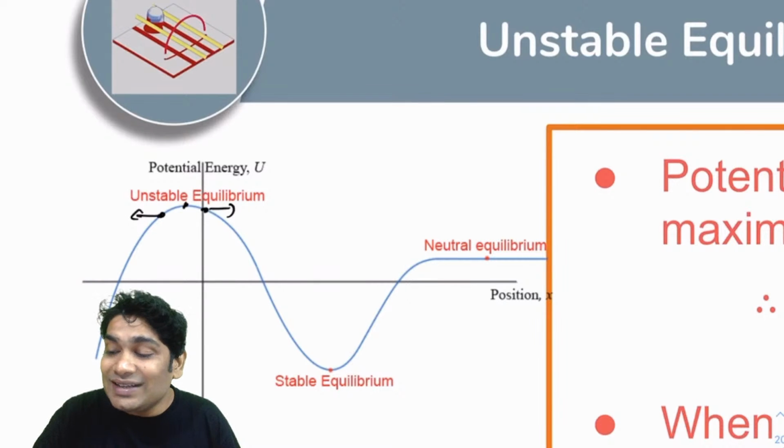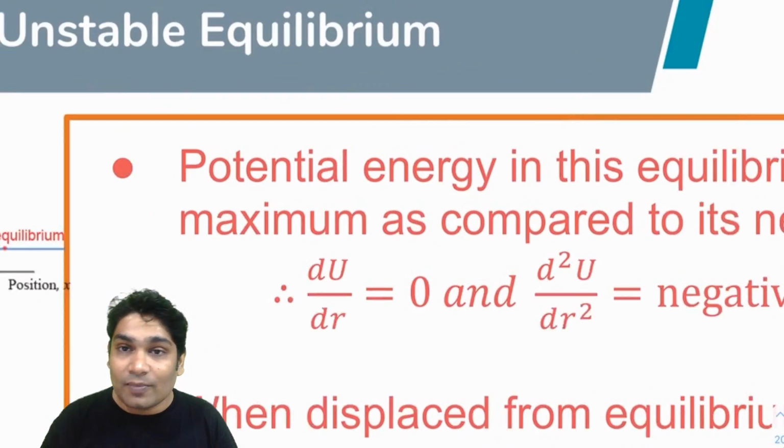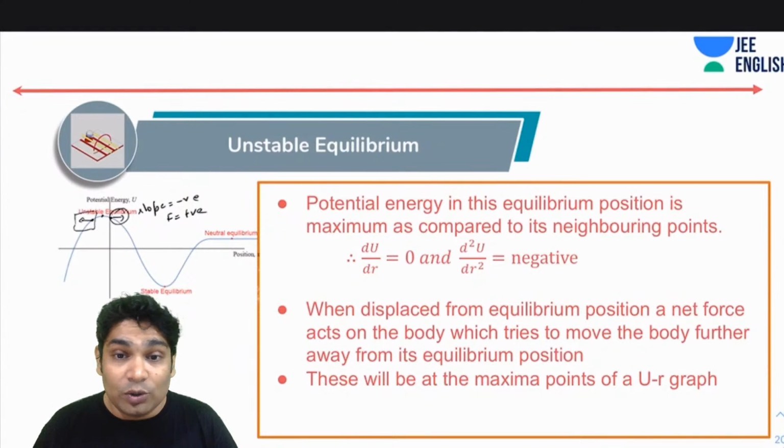Why? You can see the slope here is negative, which means force is positive, so it acts in this direction. And inversely, in this direction, the force becomes negative. So all the maxima points on your U-r graph represent unstable equilibrium.